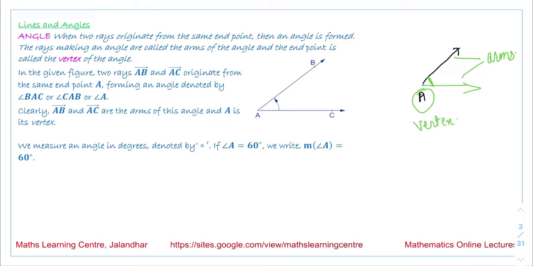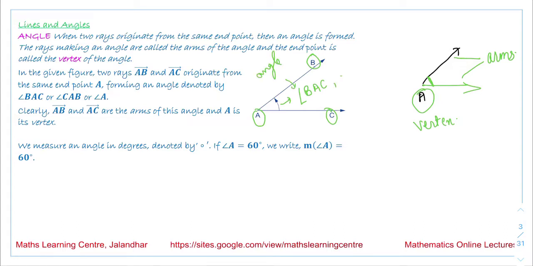The same thing is represented over here. AB is a ray and AC is a ray, and this angle is denoted by angle BAC. This is the symbol for the term angle.